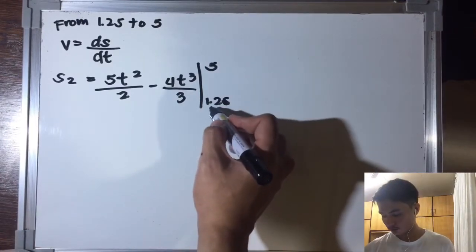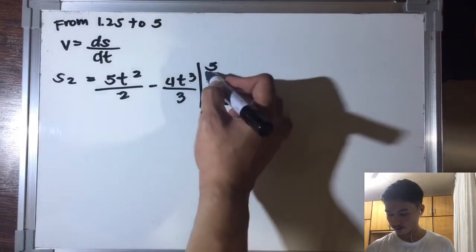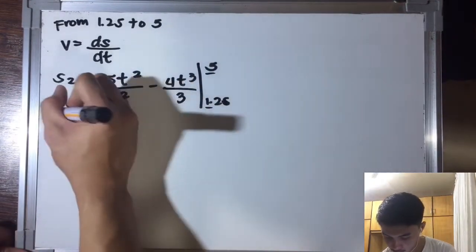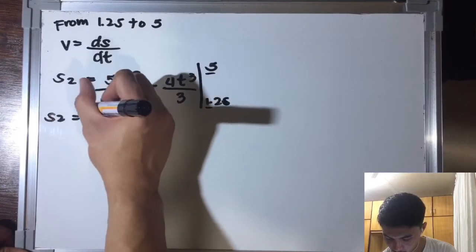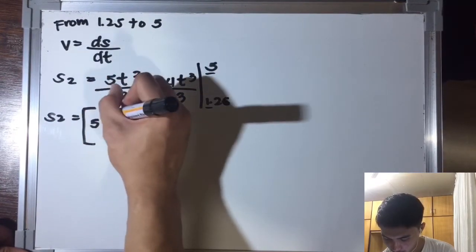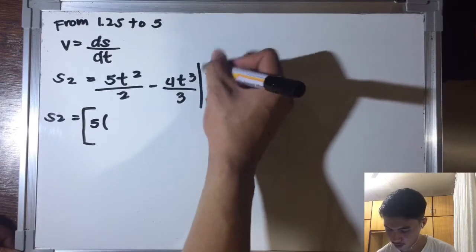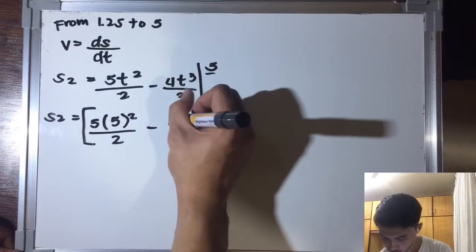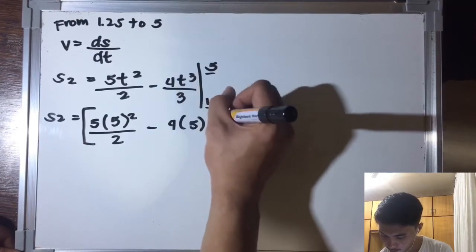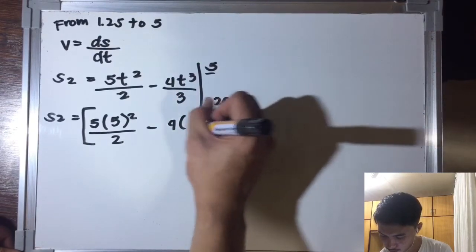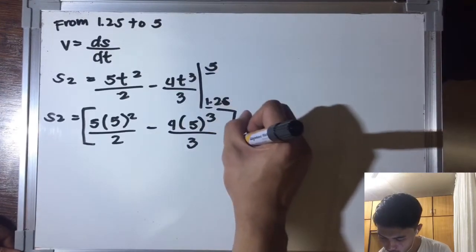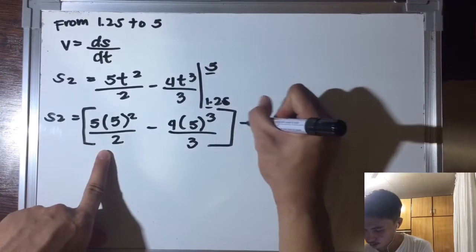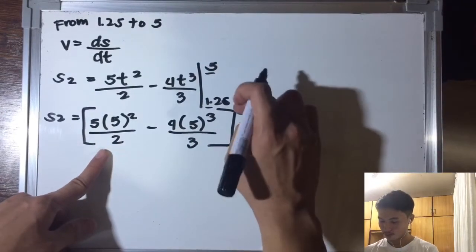So we are going to just substitute these values in our variable, which is t. So S2 is equal to, we are going to substitute 5 first: 5 squared over 2 minus 4, again the value of t, which is 5 cubed over 3. So this is our value for the 5 seconds, and then we are going to subtract it from the value at 1.25.